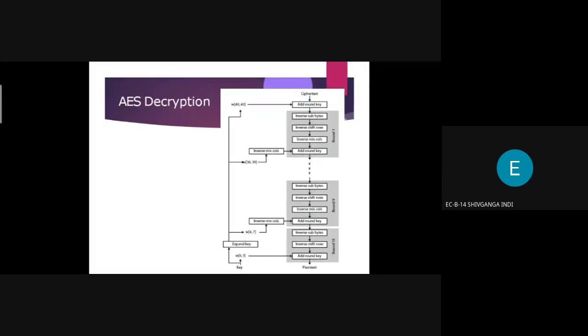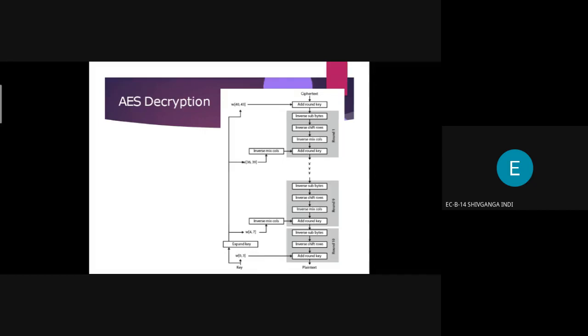We go with step number 4, then 3, then 2, and then 1. First is add round key, then inverse substitution, then inverse shift row, then inverse mix column. Likewise, we have to perform the reverse operations for the decryption.